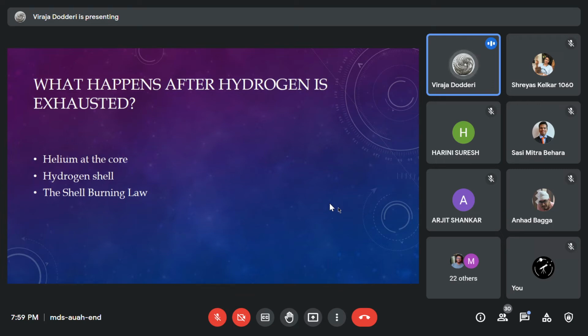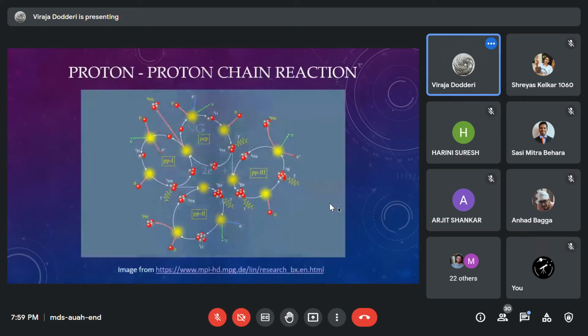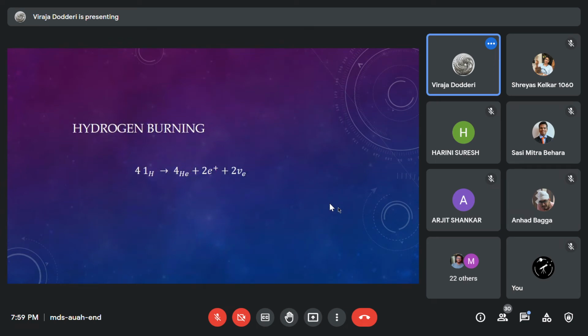So this also increases the thermal energy of the core, which causes the helium to burn. And when helium is exhausted, it goes on to other elements. Helium will give rise to carbon and oxygen, and this carbon and oxygen give rise to other elements. I don't know if I have that cycle here.